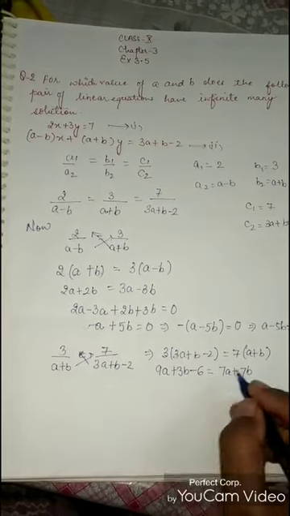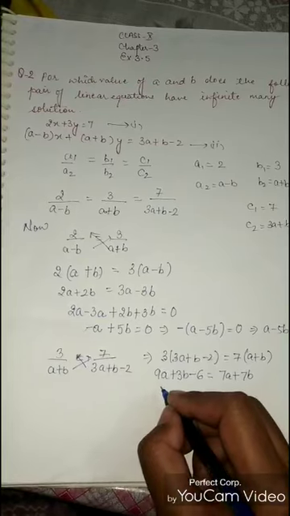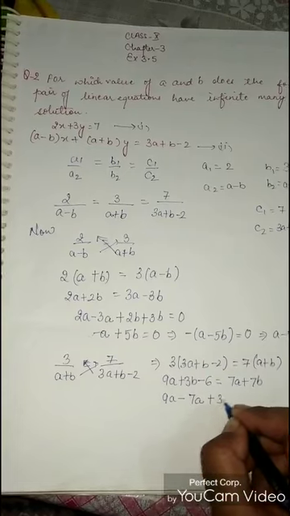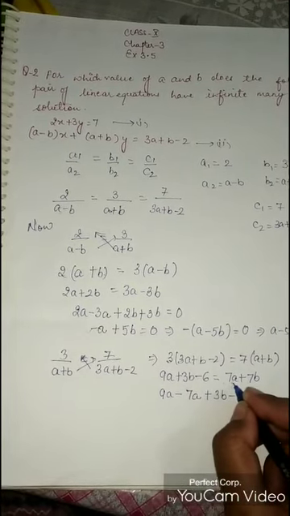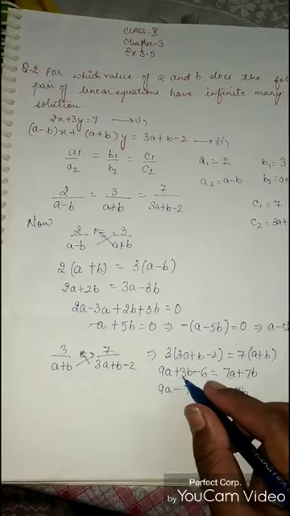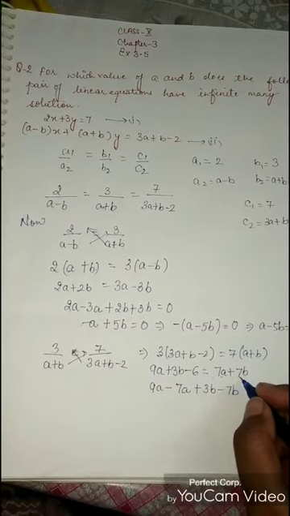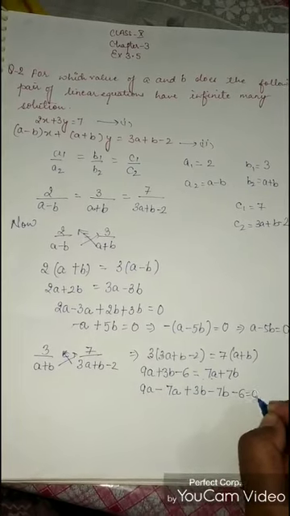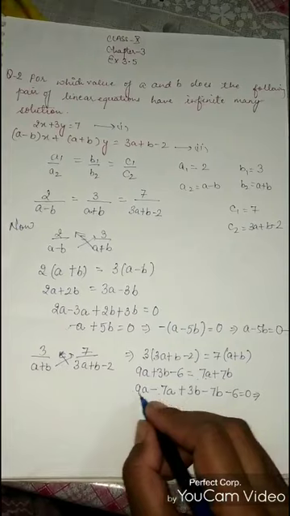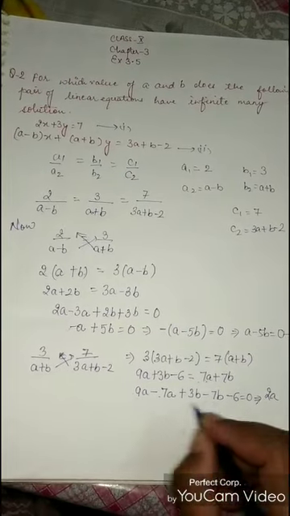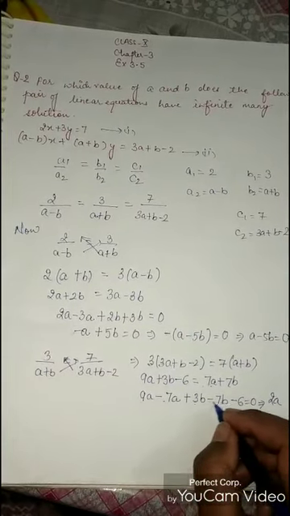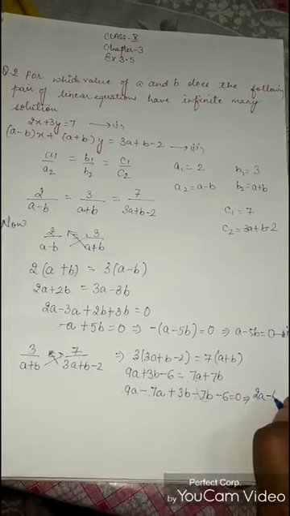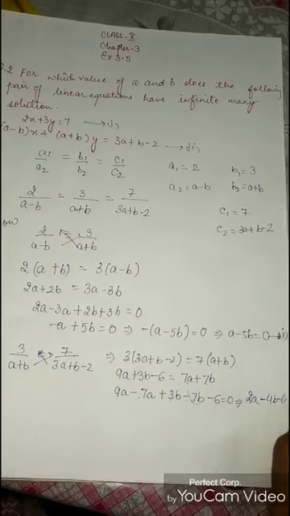Now shift all the terms to LHS. 9a minus 7a plus 3b minus 7b, because 7a here is positive, when it goes to LHS it will become negative. 7b also positive, shift there, negative, minus 6 is equal to 0. Now solve this. You'll get 9a minus 7a is 2a, 3b minus 7b is minus 4b, minus 6 is equal to 0. Equation number 2.